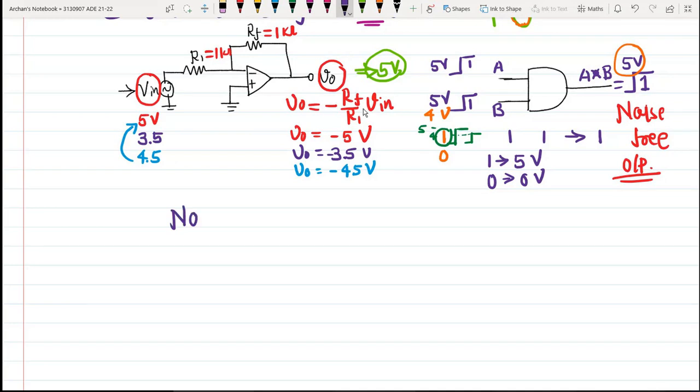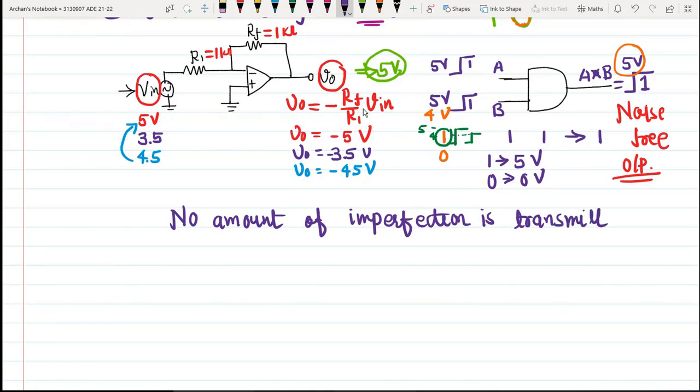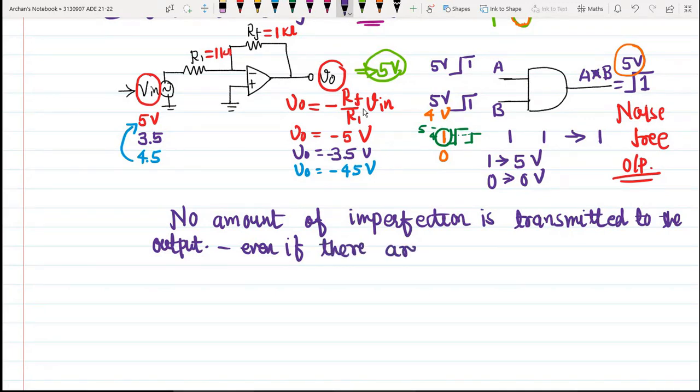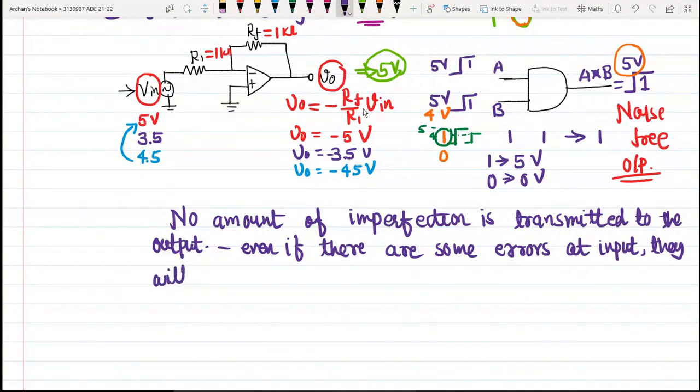No amount of imperfection is transmitted to the output, even if there are some errors at input, they will be corrected at the output.